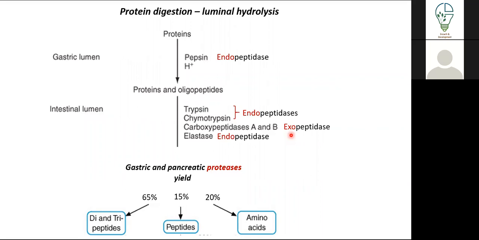Okay. The main thing to know about this point is what is breaking down the proteins in the lumen: trypsin, chymotrypsin, and carboxypeptidases A and B, coming from the pancreas. The stuff in the stomach is not that important, but trypsin, chymotrypsin, and pepsin are all endopeptidases, so they cannot leave you with pure amino acids.